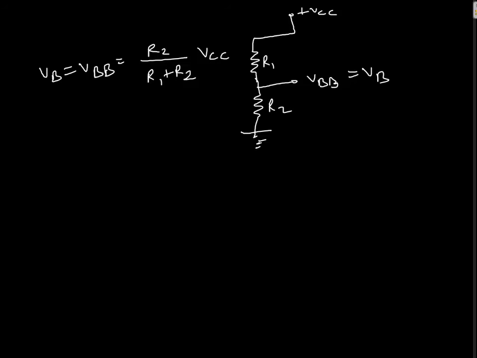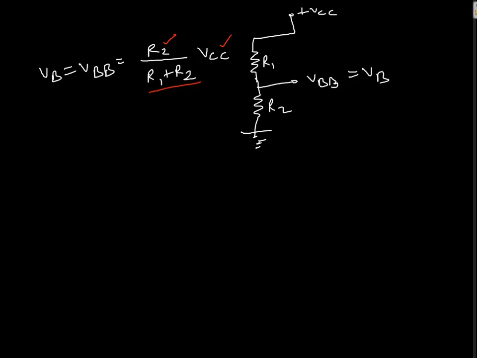Okay, so we have used here the voltage division rule. Across two series resistances R1 and R2, the voltage across R2 is the main voltage VCC, which is getting divided, multiplied by the resistance across which the voltage is being calculated divided by the total series resistance.